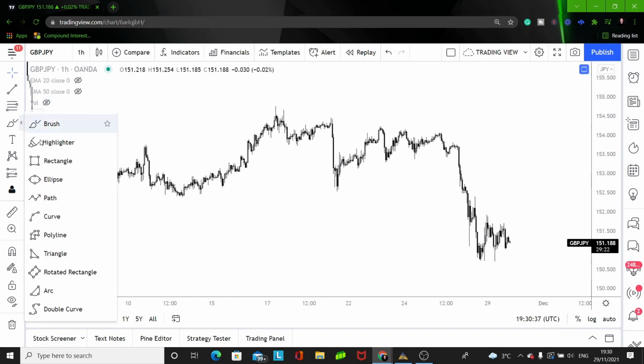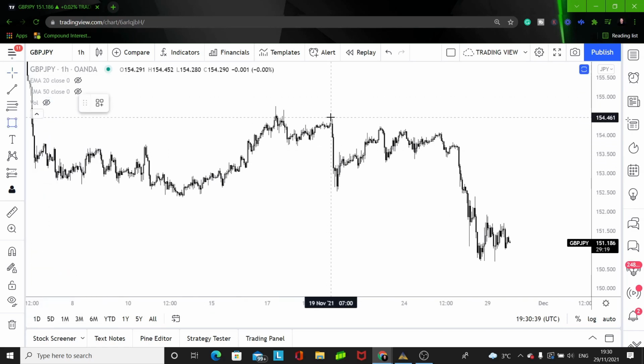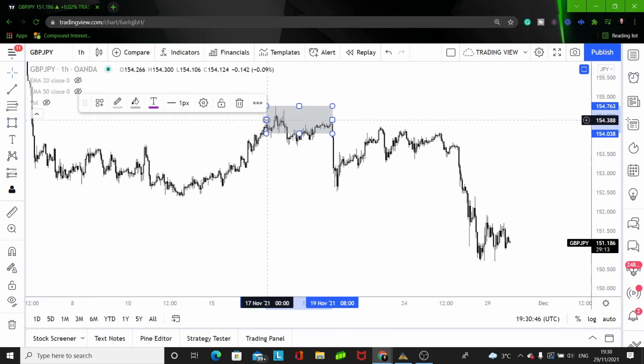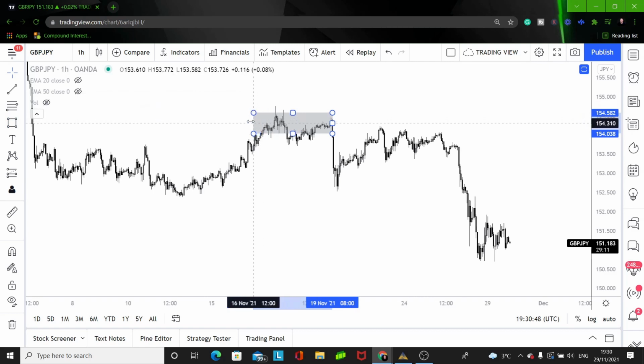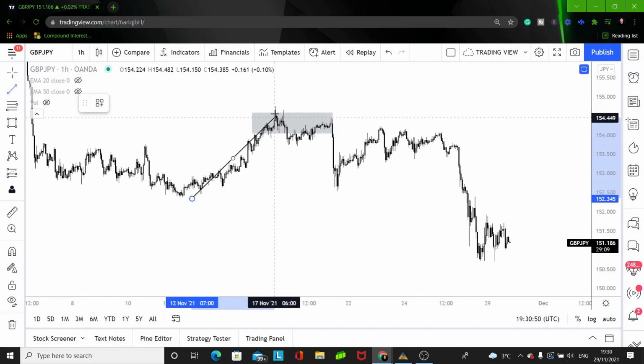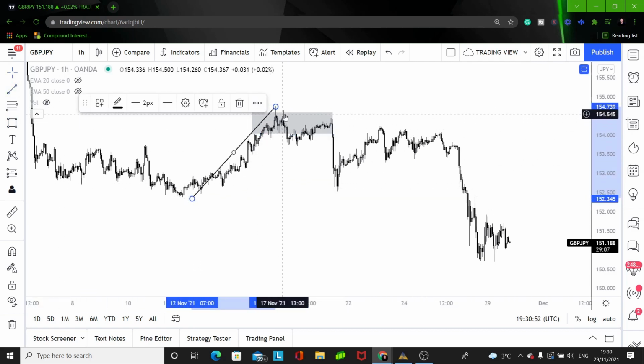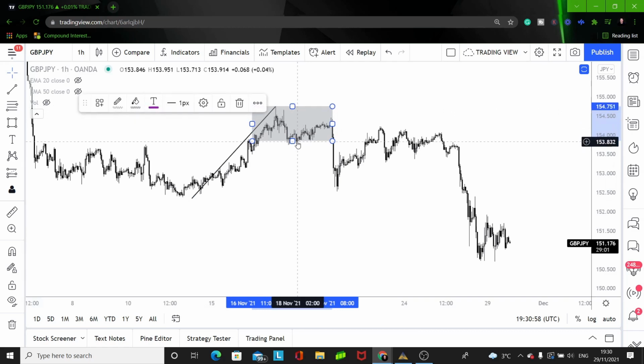So back on the pound yen, we can see that this asset dropped from this price point, when the price was at this consolidating area. So obviously we had a markup, we had a transfer of orders in this area, and then the supply outweighed the demand, and we dropped off.